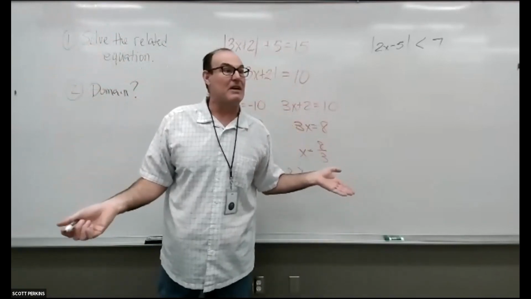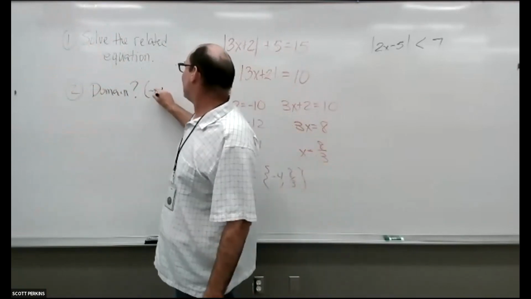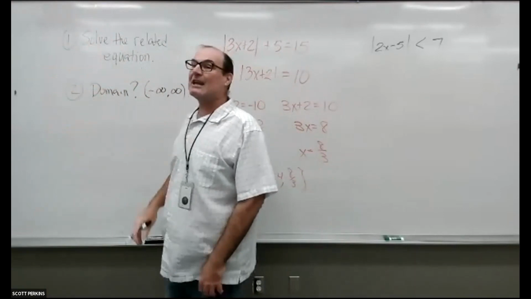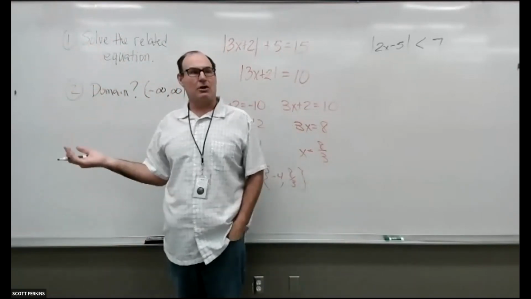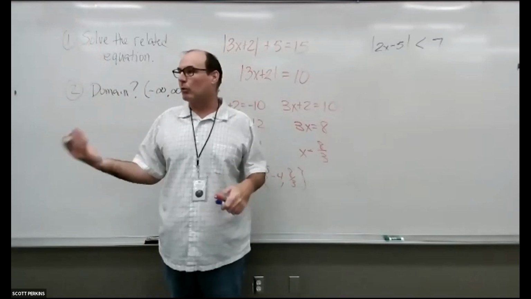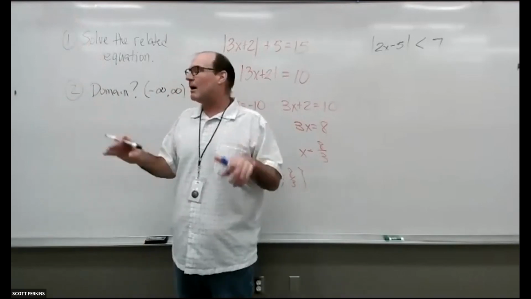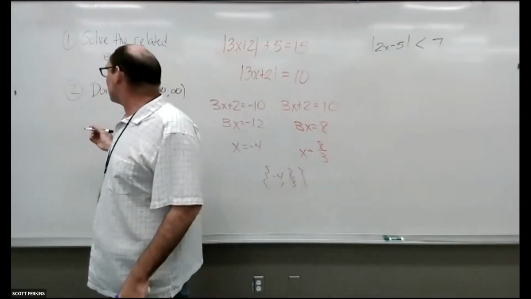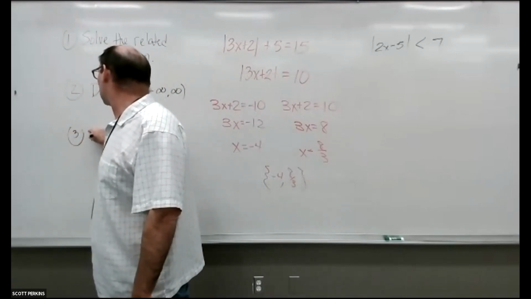Negative infinity to infinity. So there's no restrictions on my domain. That'll come into play when we talk about rational inequalities and square root inequalities. The domain plays a part in the solution, but I just want you to be aware. And the last thing we're going to do is a number line test.